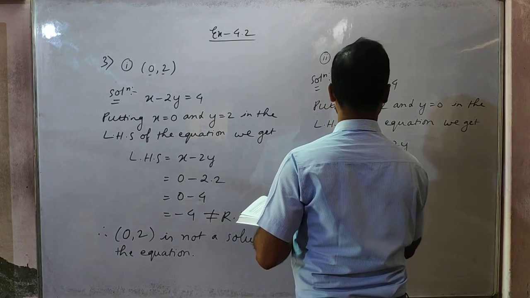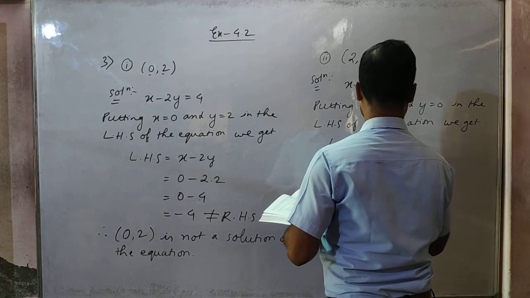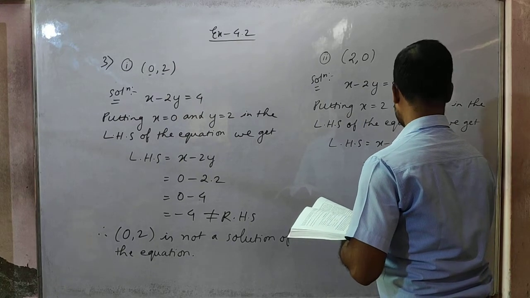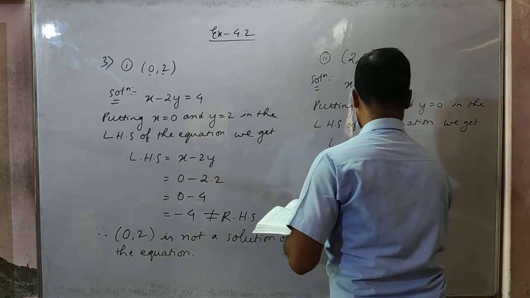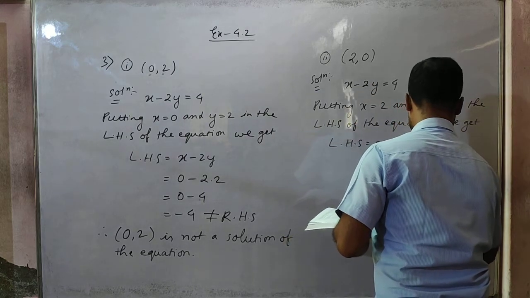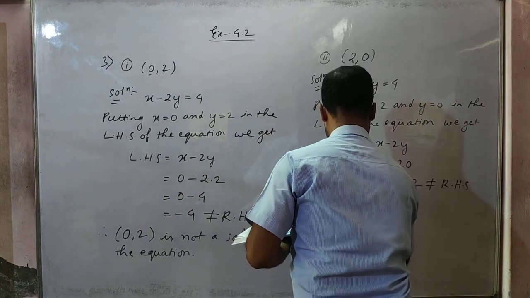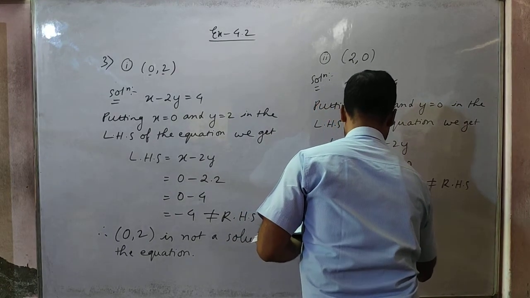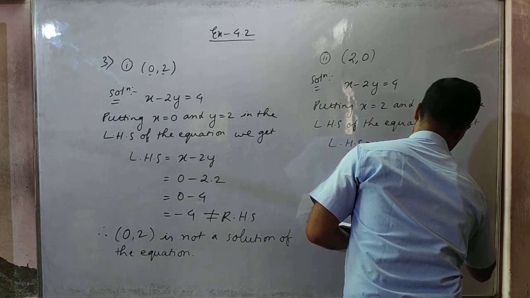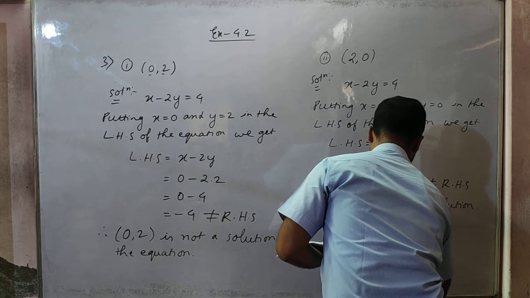What is the value of x, students? 2. And what is the value of y? 0. So 2 minus 0 is equal to 2, not equal to right hand side. Therefore 2, 0 is not a solution of the equation.